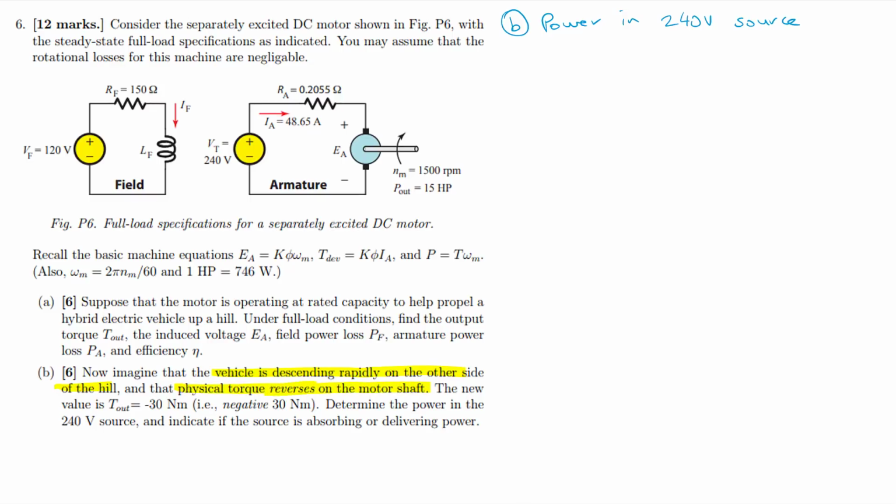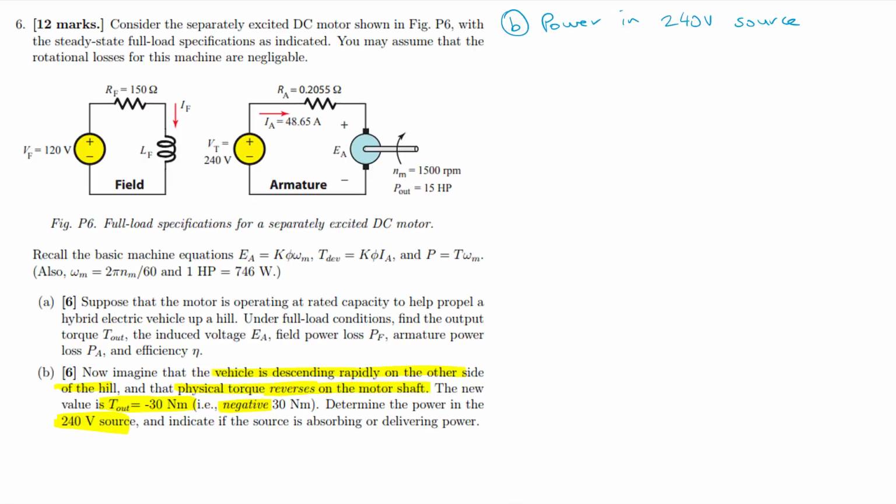So this reversal is really important. The new torque is minus 30 Newton meters, and we have a note highlighting that it's negative now. And then we're supposed to determine the power in the 240 volt source and indicate whether the source is absorbing or delivering power.